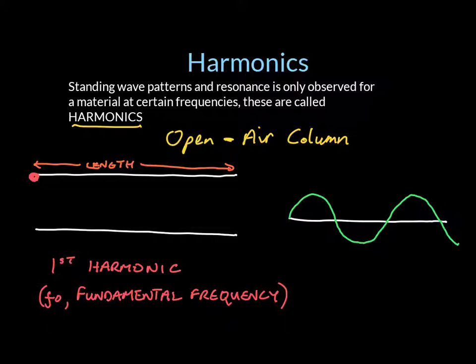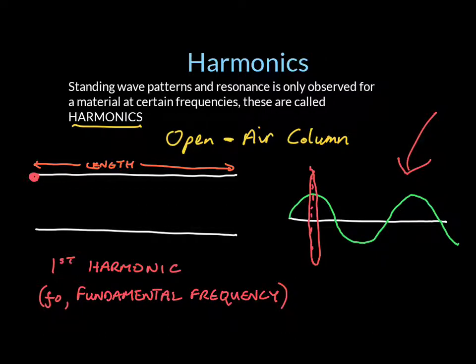Now, I always think it is a good practice to actually draw out a typical wave pattern on the side when you're doing these harmonic setups, because it may help you just to visualize the different wavelengths and different harmonics. So if we're looking for the first harmonic, which is the lowest frequency, the highest wavelength that can be squeezed into this particular tube, remembering that we have an open pattern here, so one end of the tube would have to be here.